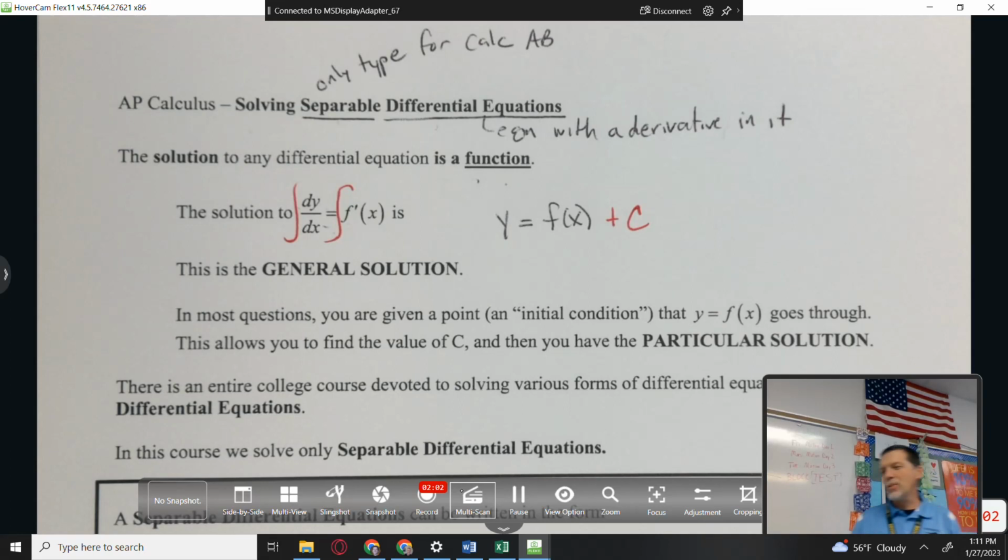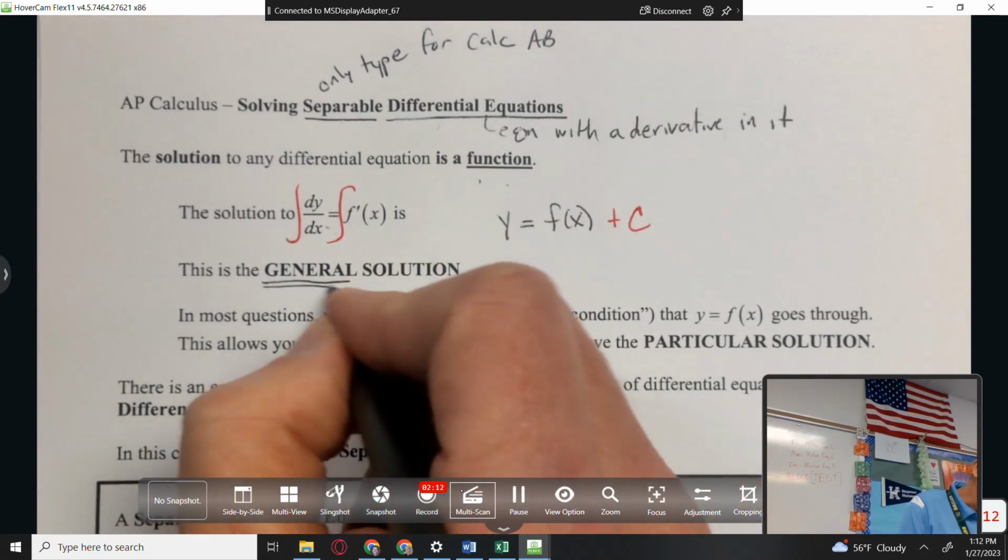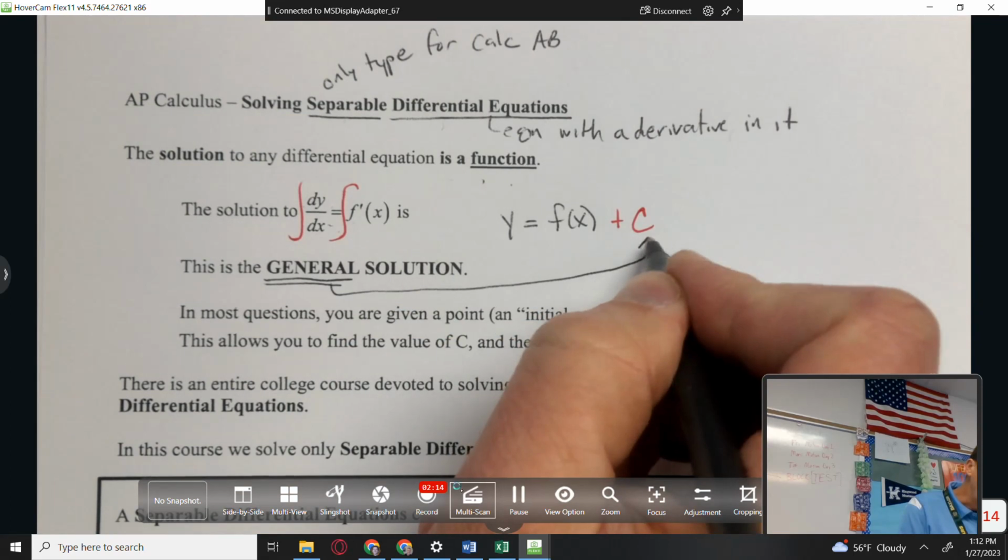But don't forget the plus c. We still have the plus c to worry about. And that's why it's called the general solution, because of that plus c.